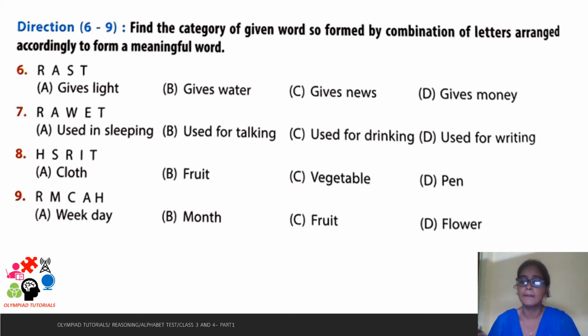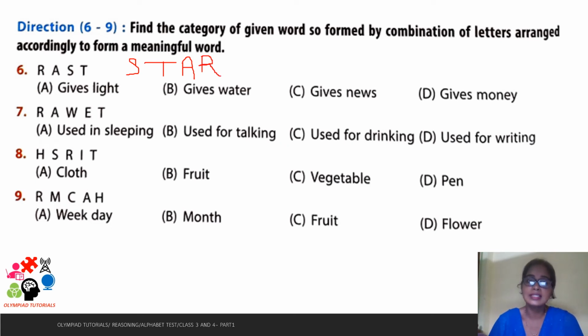Okay. So RAST, you have 4 options: gives light, gives water, gives news, gives money. So by just inspecting these alphabets, you get the word STAR, star. So children, what will be your answer?